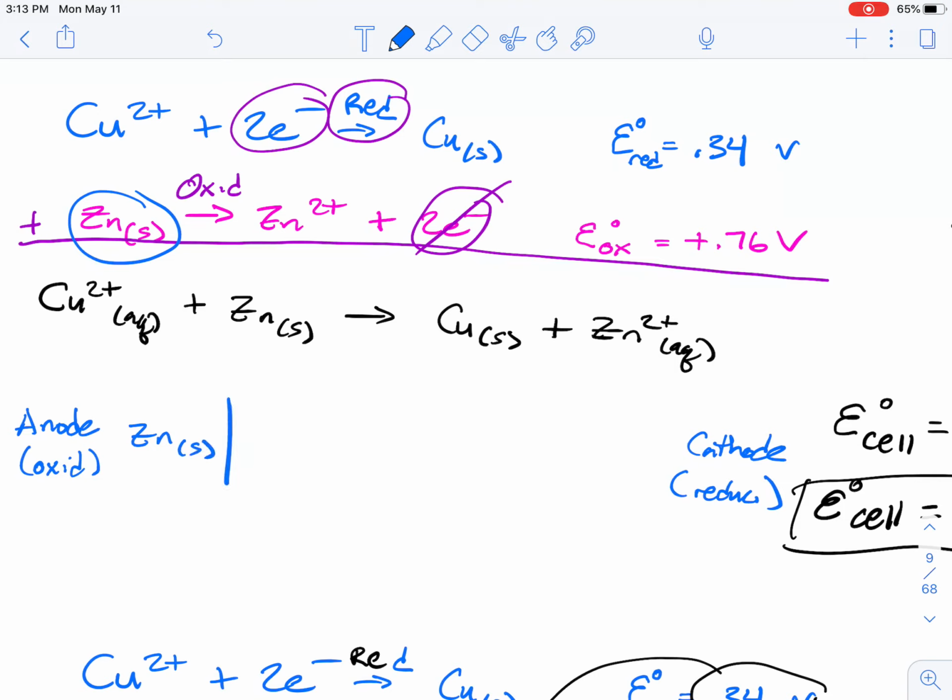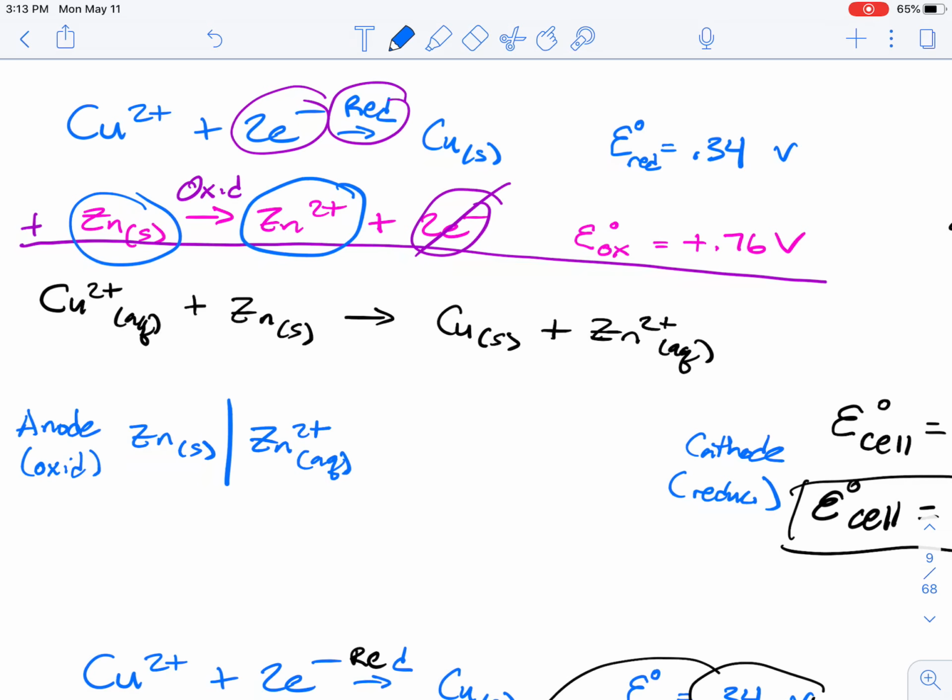Then we're going to draw a vertical line to represent the phase boundary. The phase boundary is going to represent the transition between solid and aqueous. So the next item that we see on the product side is going to be zinc 2 plus. And so that will effectively communicate to the reader that this is the site of oxidation.